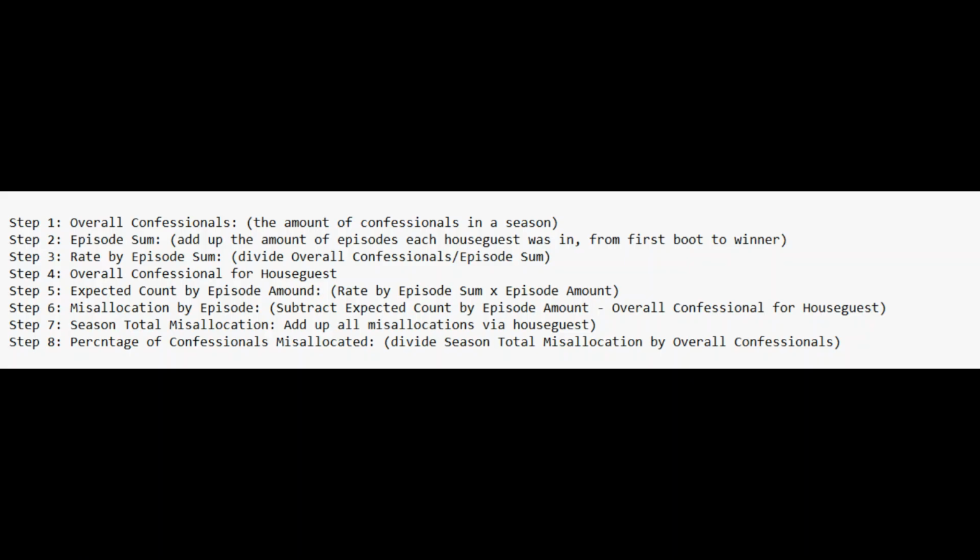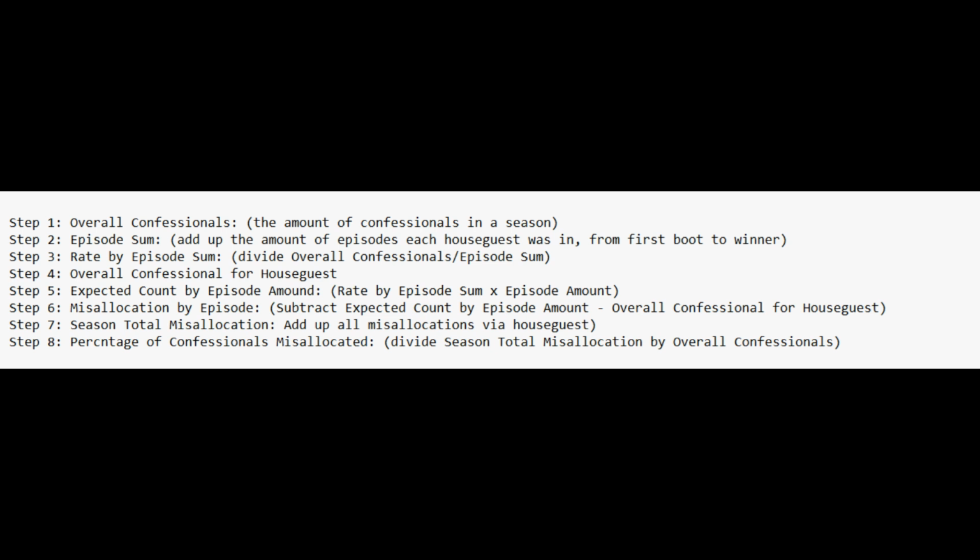So my process is I'm going to count or look up the overall amount of confessionals in a season, and then I'm going to look up the episode sum. This pretty much means if someone lasted 5 episodes on the season and they're the first boot, they'll have a sum of 5.